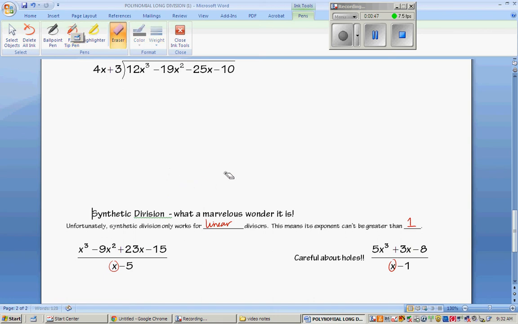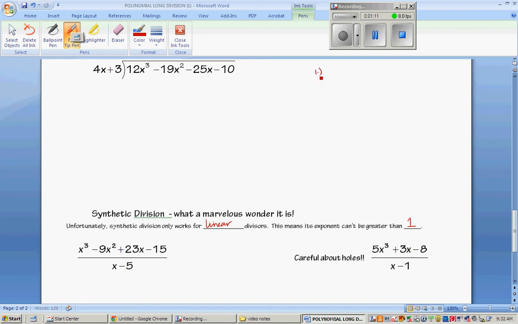Now, we are going to do it just when our first term is an x and it has no coefficient other than 1. Technically, you can kind of get away with doing it for other problems, but this is what we're going to do. So the way it's set up, we're going to write some of these things up here.